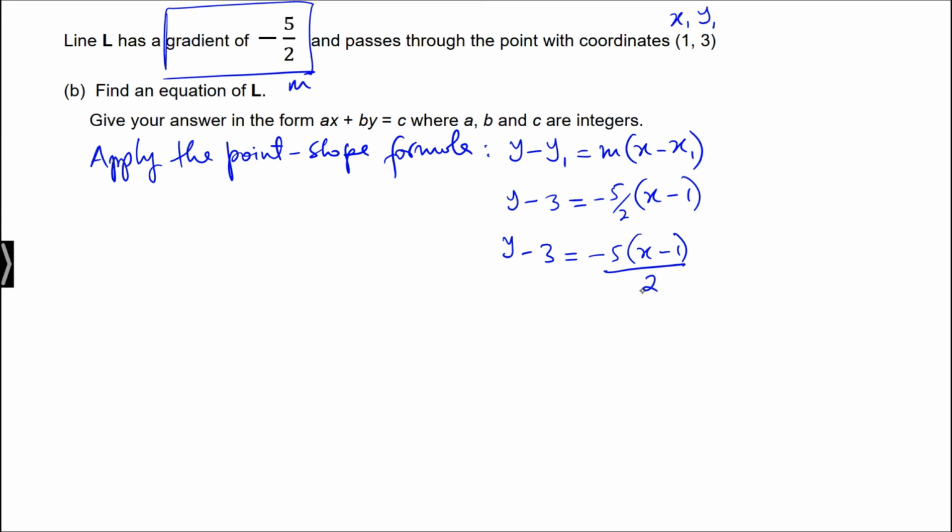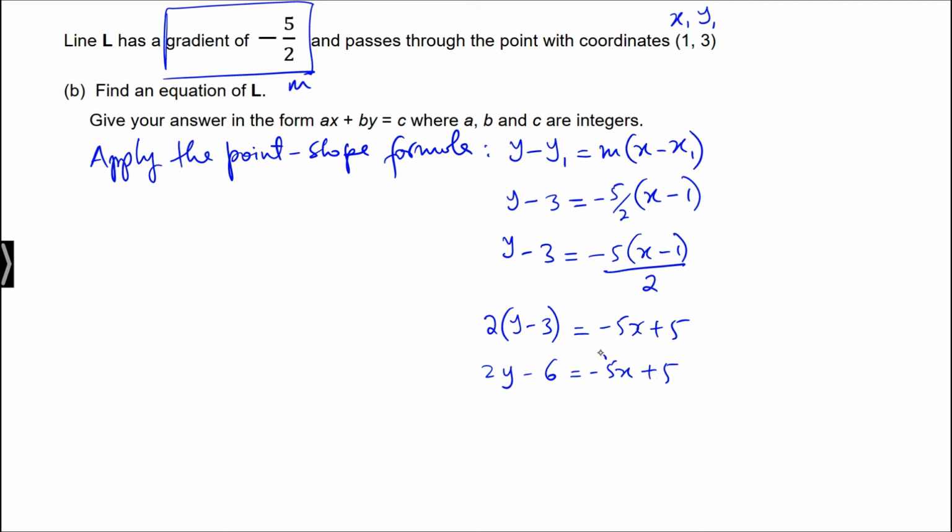So you multiply this 2 here. The opposite of dividing by 2 is same as multiplying by 2. So 2 into y minus 3 is equal to negative 5x plus 5. And then 2y minus 6 will be equal to negative 5x plus 5.